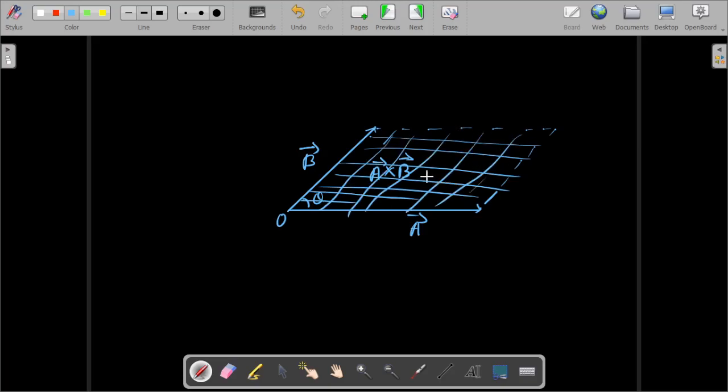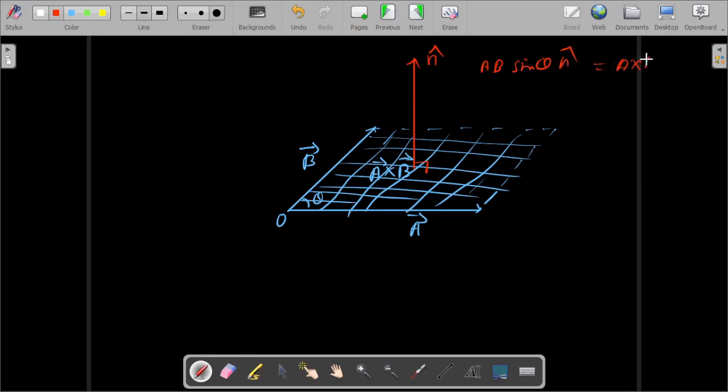The direction of this area will be perpendicular to this area. Understood? It will be A B sine theta n cap.